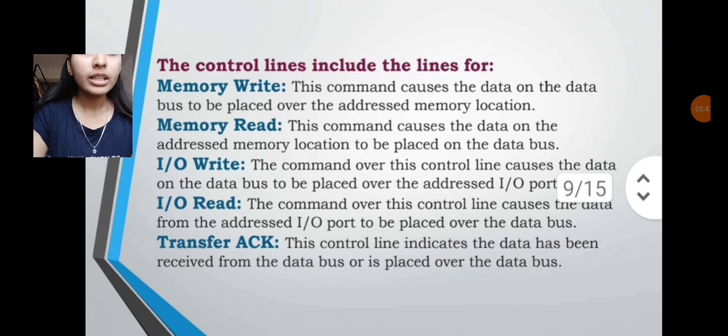Transfer acknowledge is the control line that indicates the data has been received from the data bus or has been placed on the data bus.